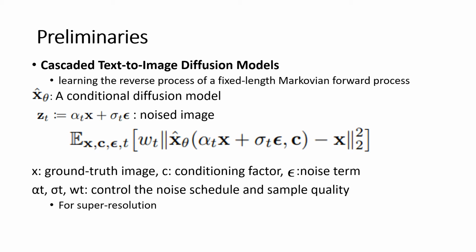At inference time, the diffusion model is sampled by iteratively denoising, as can be seen from the equation given. x-hat-theta corresponds to a conditional diffusion model, z_t is the noised image, and the equation gives the reverse process. This is done to create better results for the super resolution.